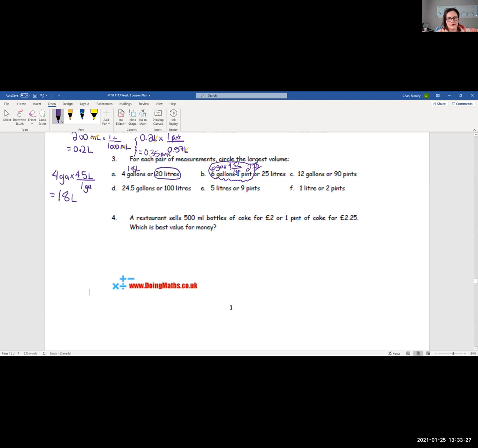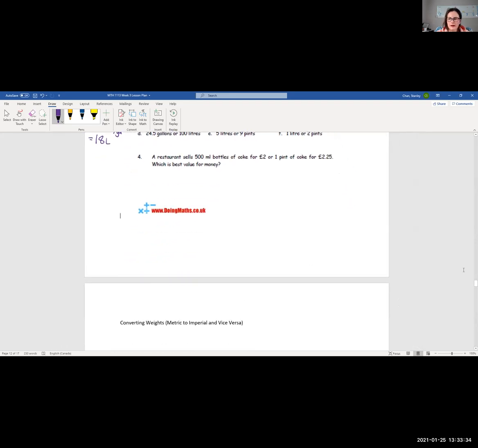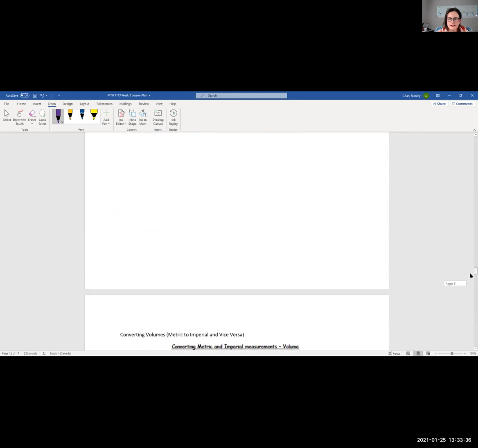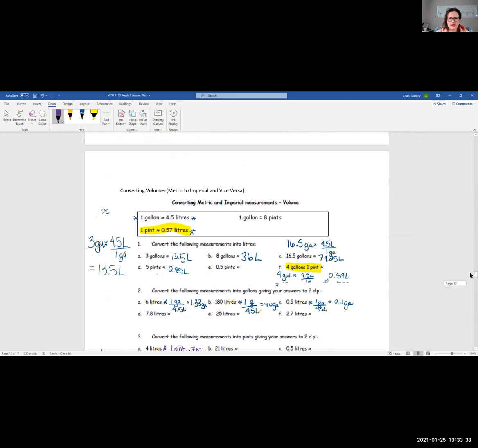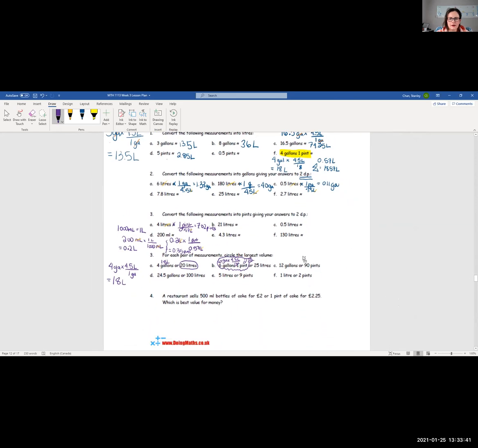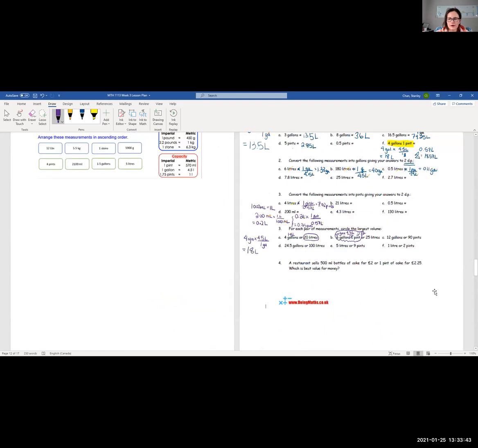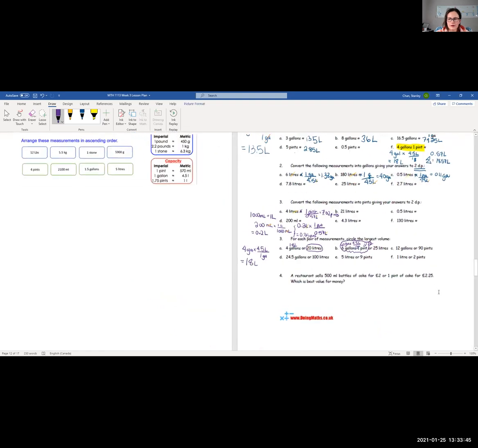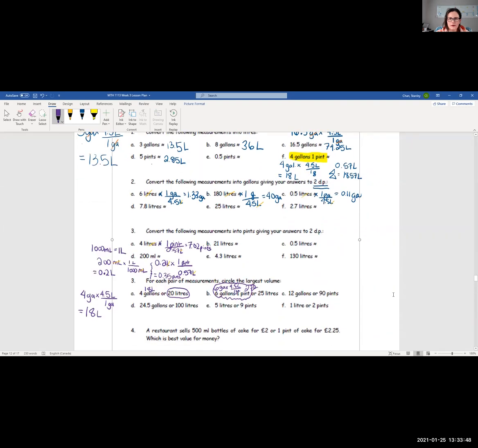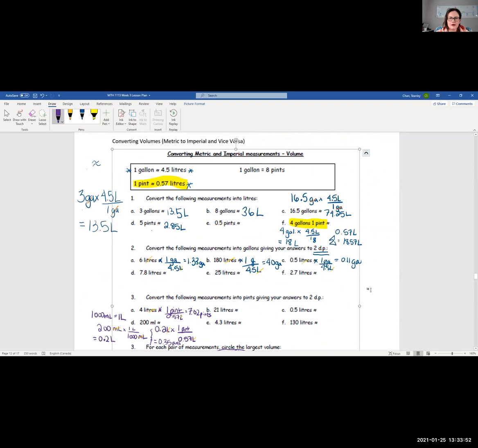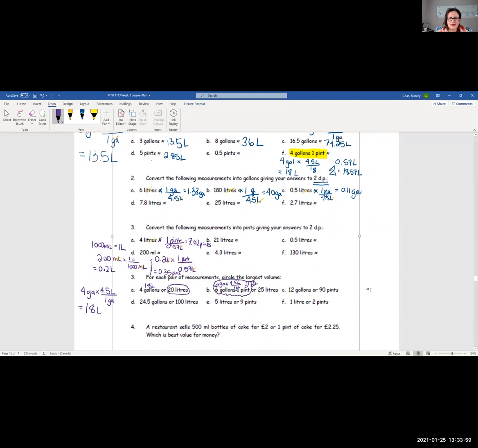You might need a couple of conversion factors too, so I'll scroll up so you can see them. 1 gallon equals 4.5 liters, 1 pint equals 0.57 liters.